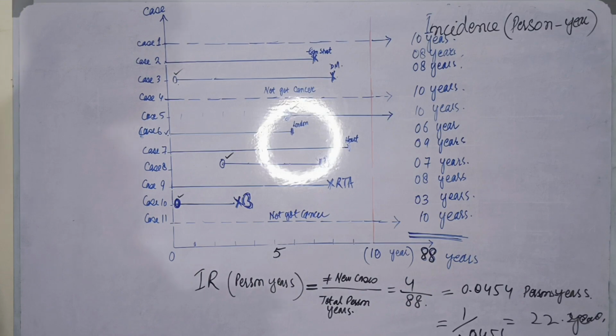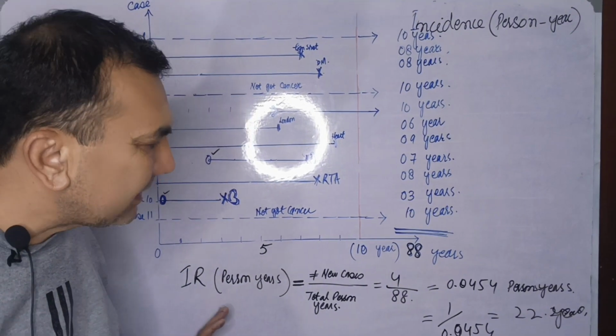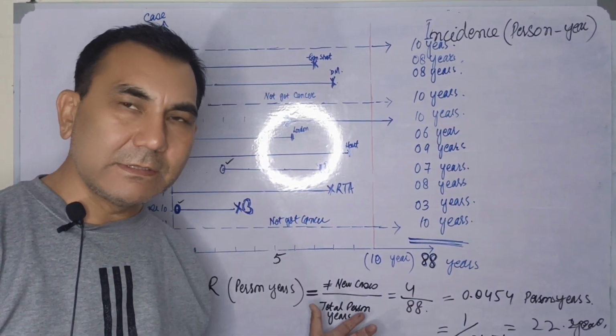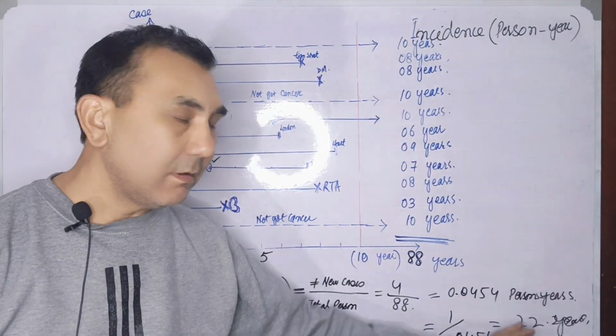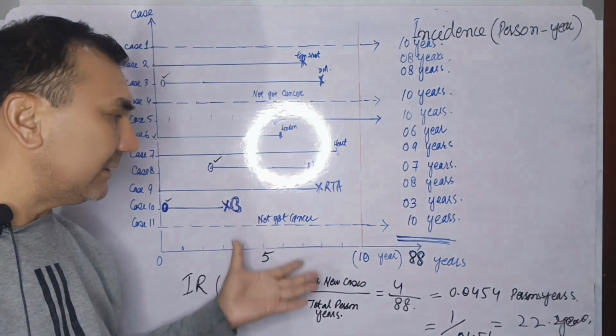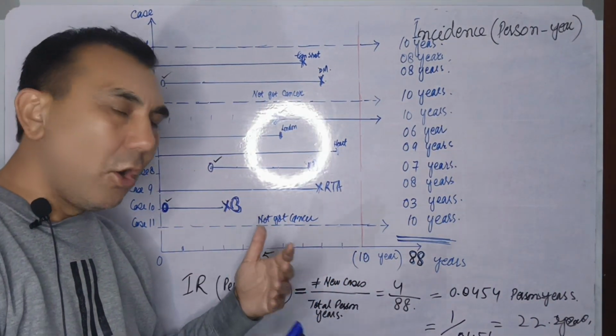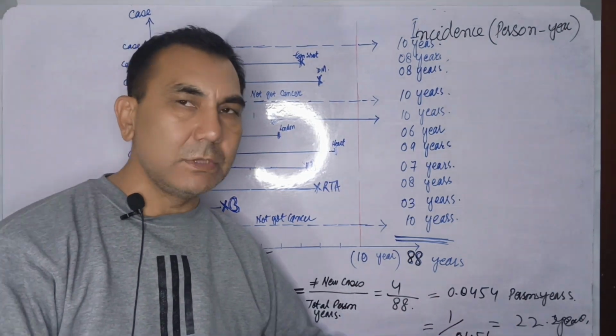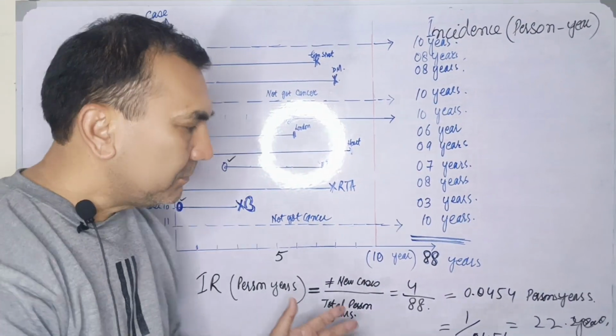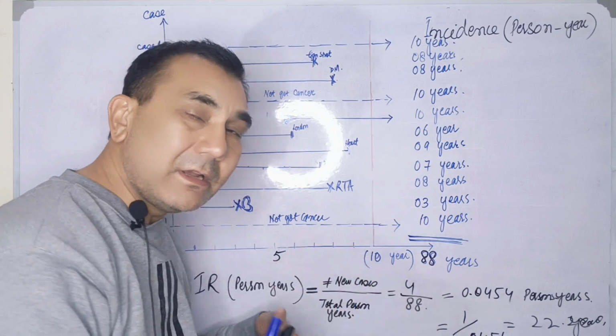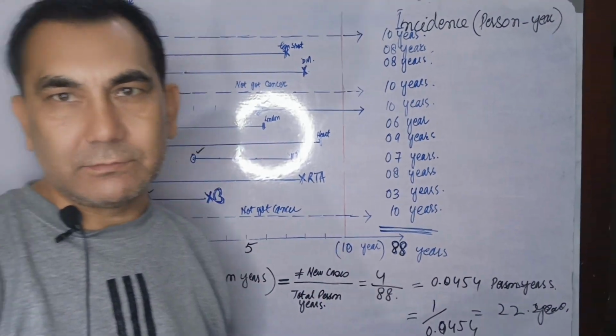It means that the survival of the cancer in these 11 cases is around 22 years. By the person years, you can calculate the survival years as well.